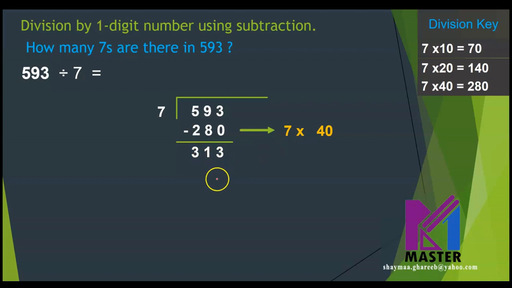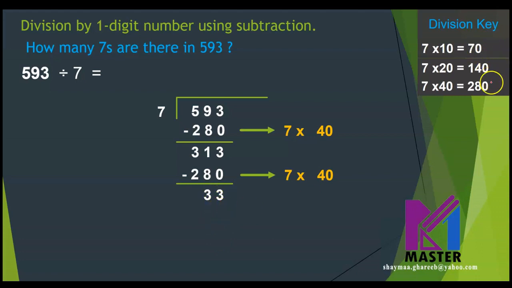Then I will ask myself one more time, how many sevens I can find in the 313. I will take one more 280, which is 7 times 40. Now I will find how many are left. It's 33.